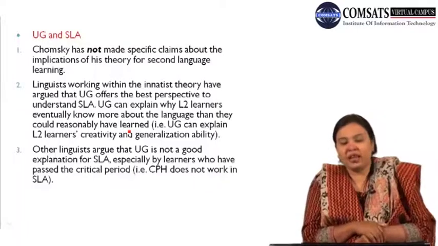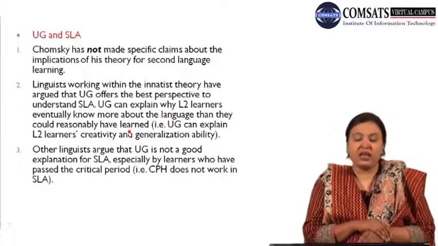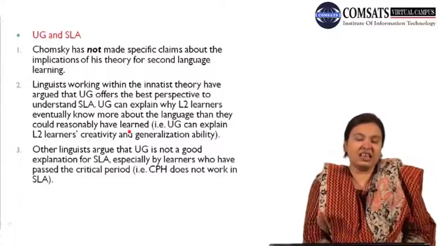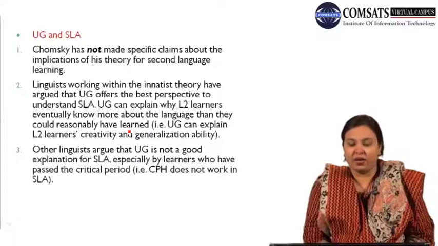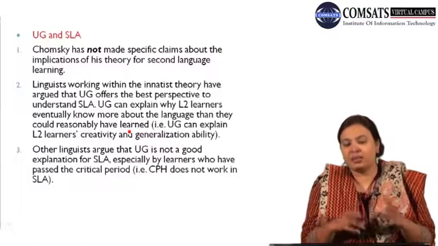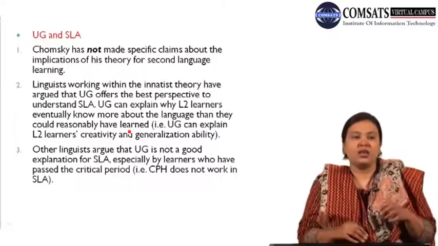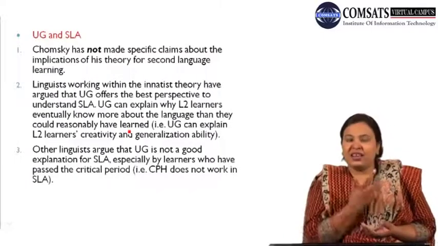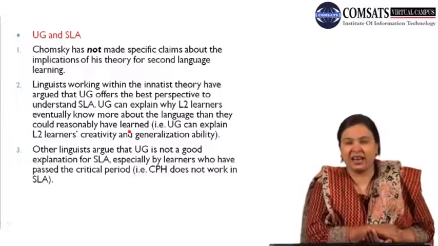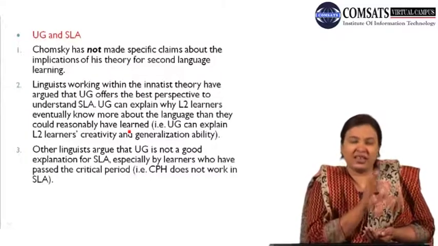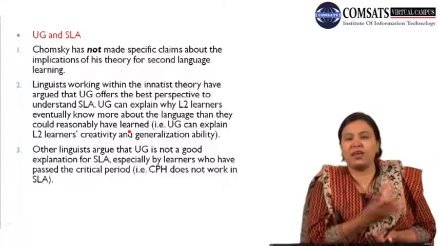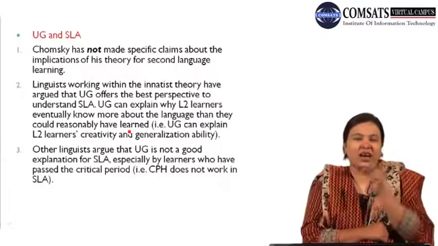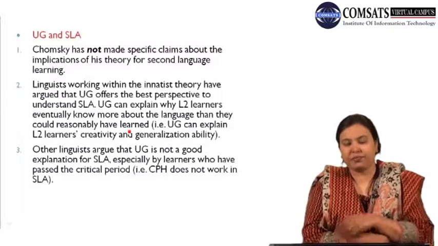So universal grammar can explain why second language learners eventually know more about the language than they could reasonably have learned. I mean, universal grammar can explain how second language learners learn the rules and structures in the second language, but with their knowledge of that second language, they become creative. This idea of creativity can only be explained with the idea of universal grammar.